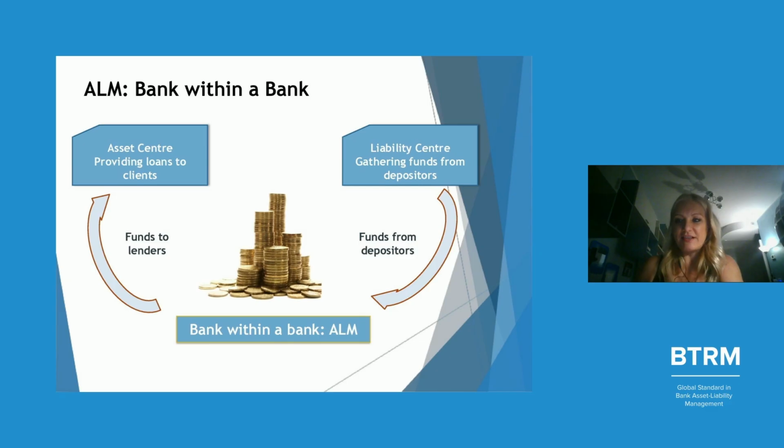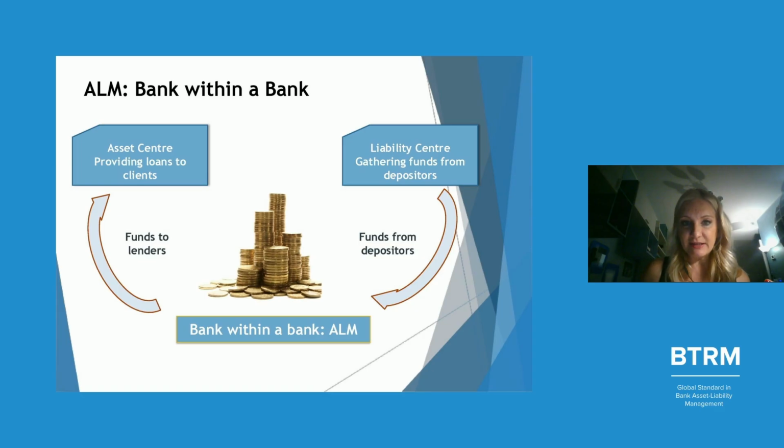Liquidity is not for free. In the FTP concept, liquidity has enormous value. We call it the liquidity value of products. Some products will consume liquidity, and this is what assets are doing. Assets are consuming liquidity for some period of time. Liabilities are providing liquidity to the bank.